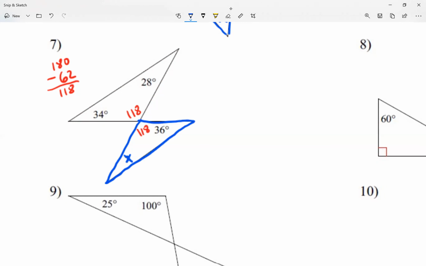I know two angles, 118 and 36. If I add 118 plus 36, I get 154. Let me subtract that from 180. And that gives me 26. So that means X equals 26.